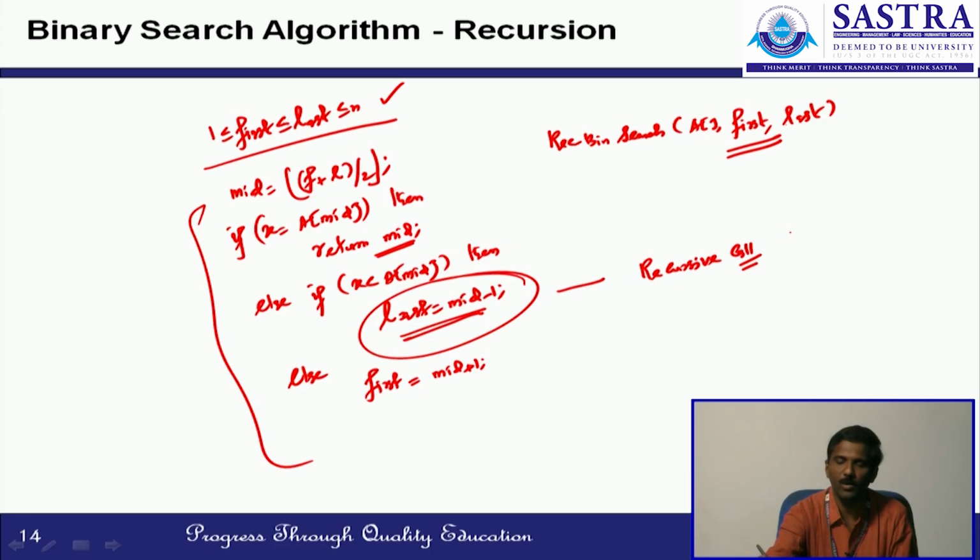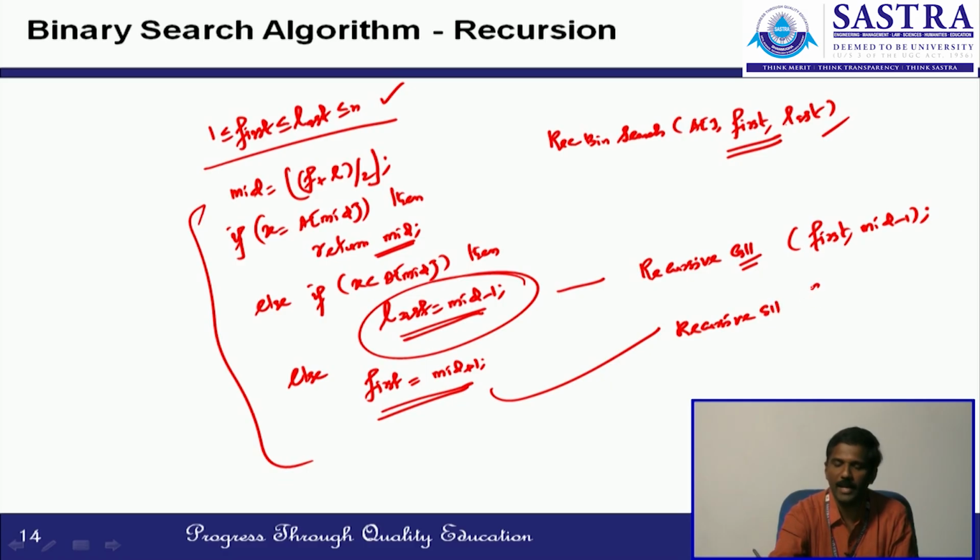as mid minus 1. So, in the recursive call we need to pass the necessary parameters, first, and the variable last is updated to mid minus 1, else first is equal to mid plus 1. Here we need to initiate the recursive call with parameter first as mid plus 1. So, mid plus 1 comma last.